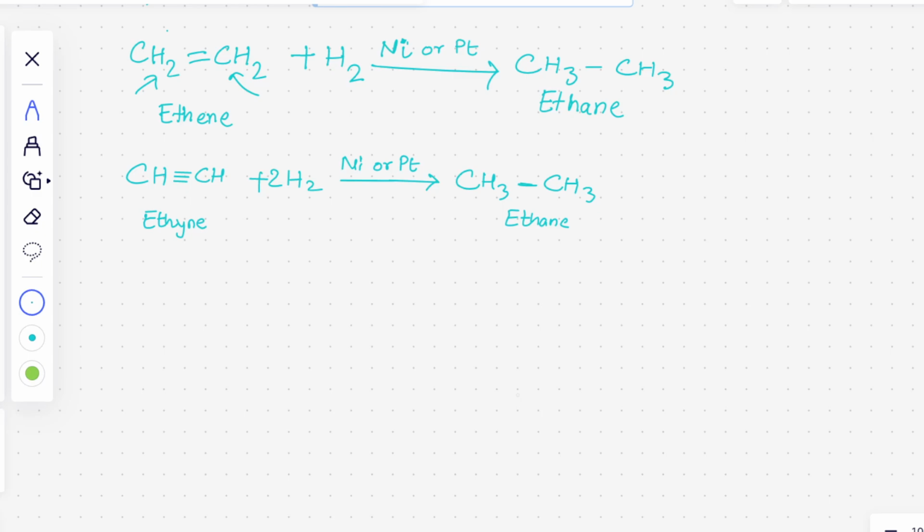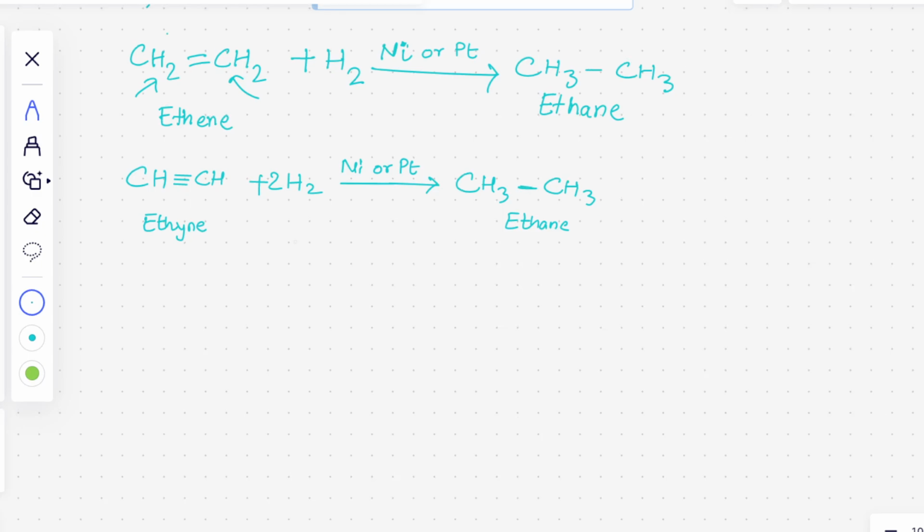One thing to note is that you cannot prepare methane by this method, because for methane there is no corresponding alkene or alkyne, so CH4 cannot be made through unsaturated hydrocarbons.